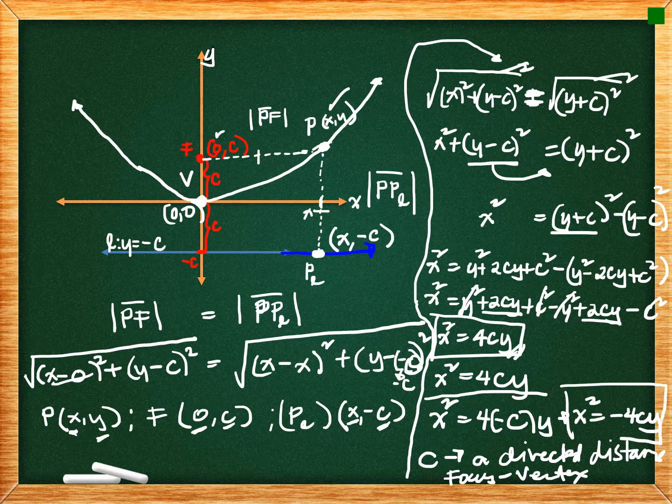Okay, so this board is quite crowded now. So we use this equation if c is positive, and we use this one if c is negative. Means that this one, the graph opens upward, and this, the graph opens downward. All right, let me show you an example.